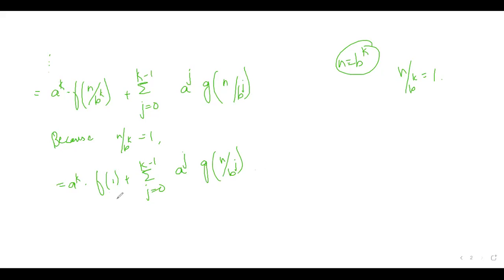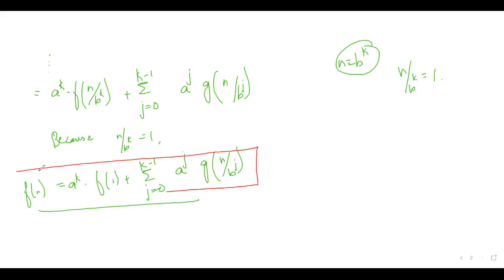Now we can use this equation for f of n. So this equation was for f of n to estimate the size of functions that satisfy the divide and conquer relations. Okay, so this final equation is used to estimate the size of functions.